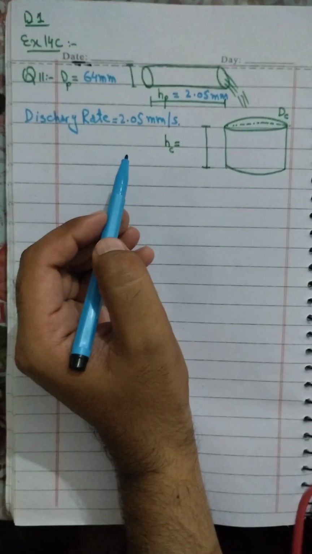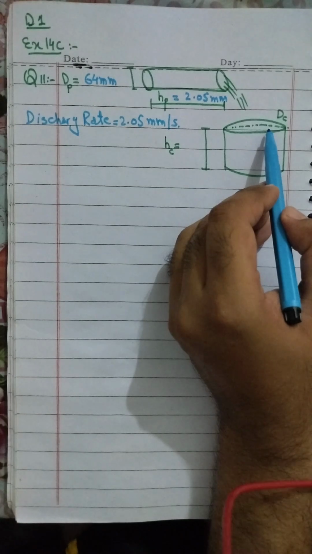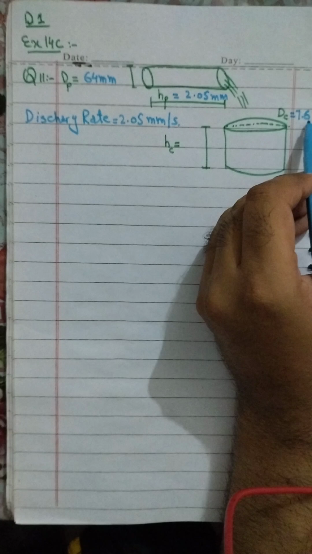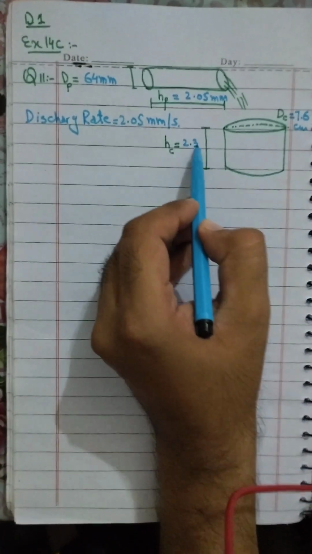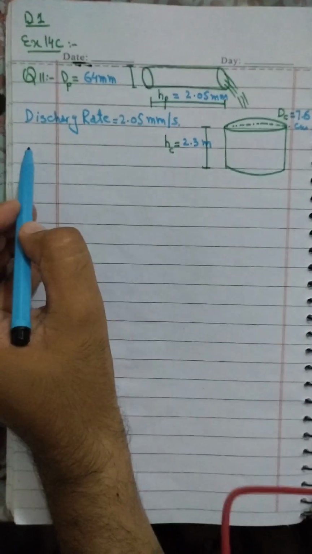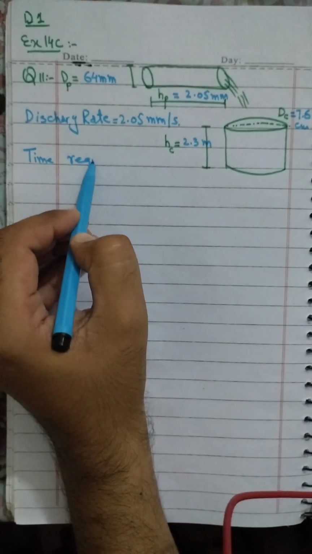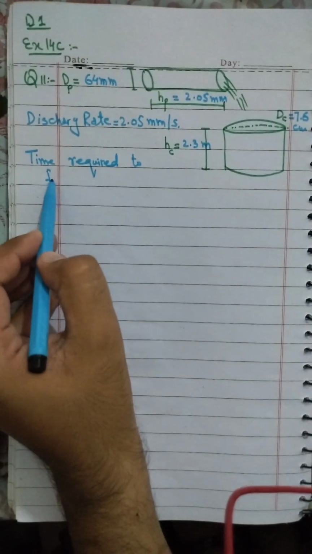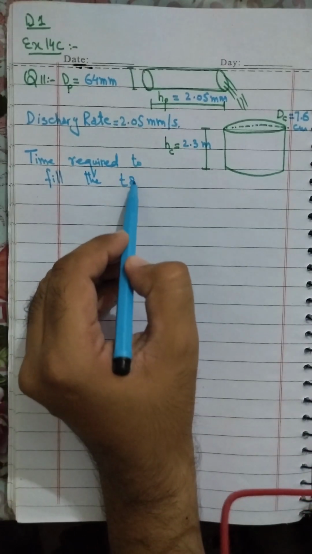Okay, after that he said the cylindrical tanker whose diameter is 7.6 centimeter and height is 2.3 meters. Okay, he is just asking for the time required to fill the cylindrical tank.